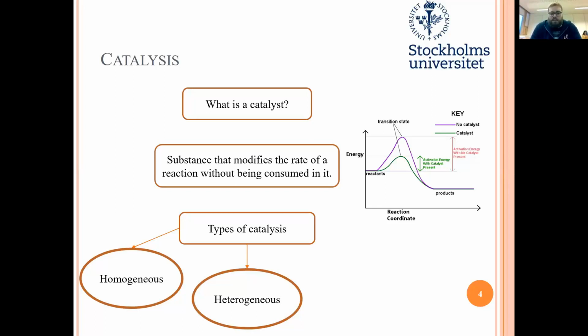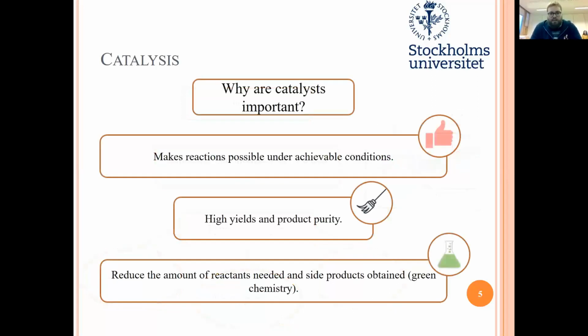This could be liquid-gas or solid-liquid. And then there's also biocatalysis, which is the catalysis that takes place within biological systems. In this case, the catalysts are called enzymes, which you might know from different classes you may have taken.